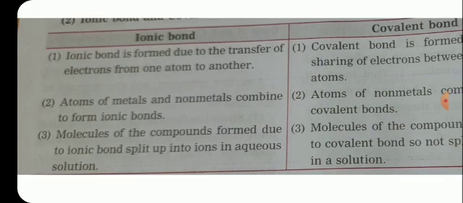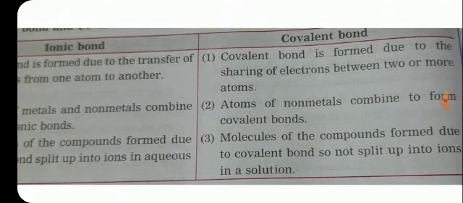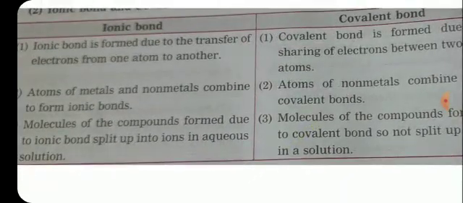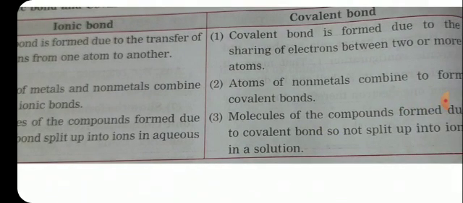So atoms of metals and non-metals combine to form ionic bond. Atoms of non-metals combine to form covalent bonds. So children, is it clear to you? Ionic bond is formed between metal atom and non-metal atom. But the covalent bond is formed between atoms of non-metals.